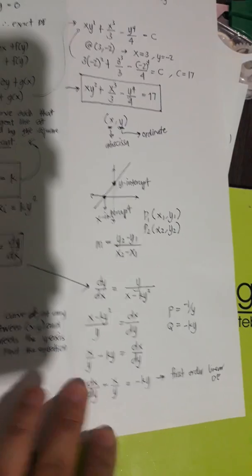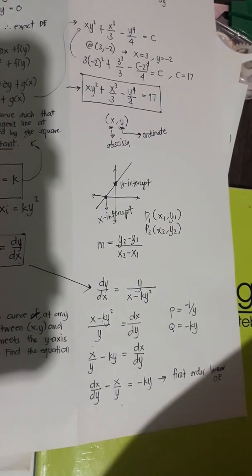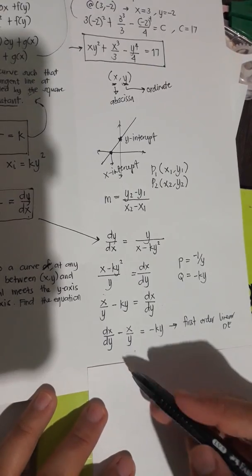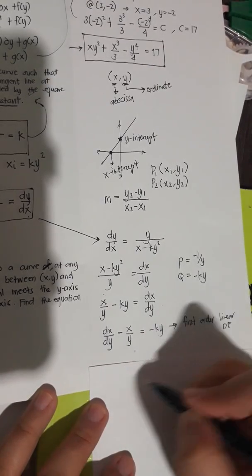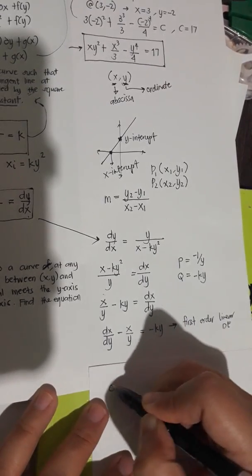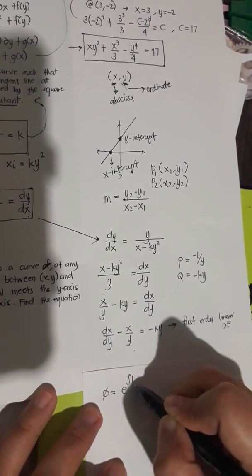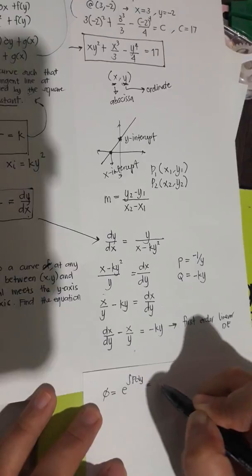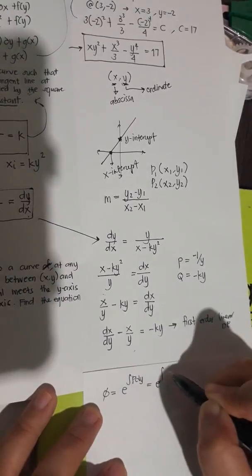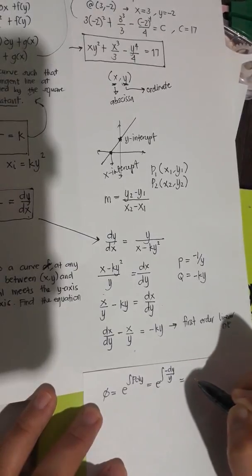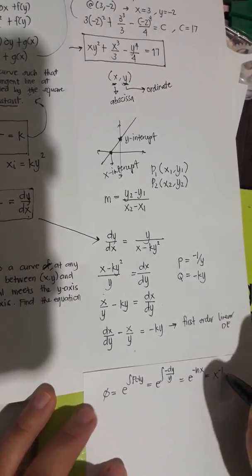Alright, so I guess we have to use another paper. Okay, so to continue, we have the integrating factor equals e raised to the integral of p dy. So we have e raised to the integral of negative dy over y, so that is equal to e raised to negative ln of y, or that is y raised to negative 1.